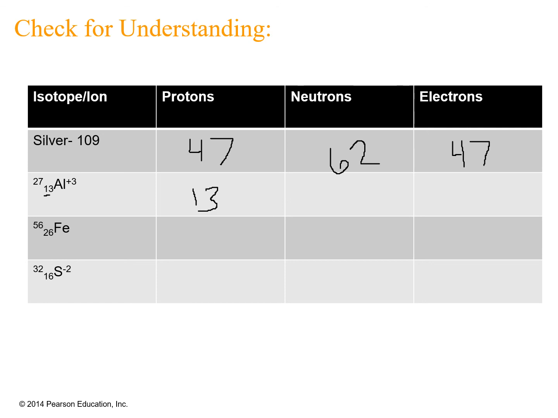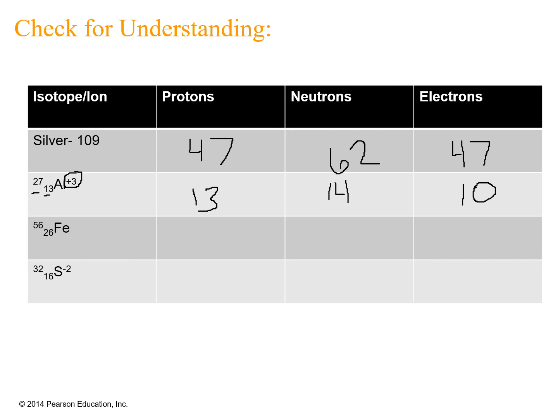Remember, neutrons are mass number minus protons, so you simply subtract the top and bottom number. So 27 minus 13 is going to be 14. And remember that this is an ion, so this positive 3 charge means that we lose 3 electrons. So if we do 13 minus 3, this only has 10 electrons. Let's look at the next one.